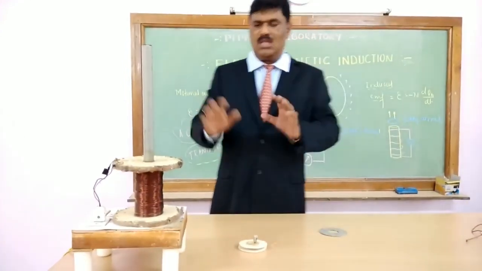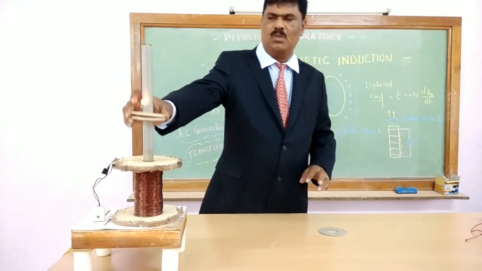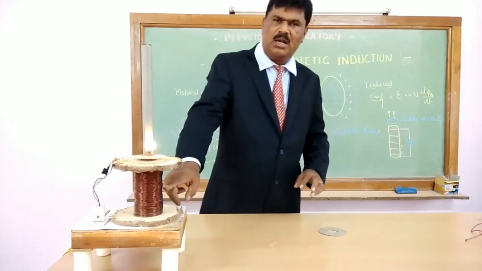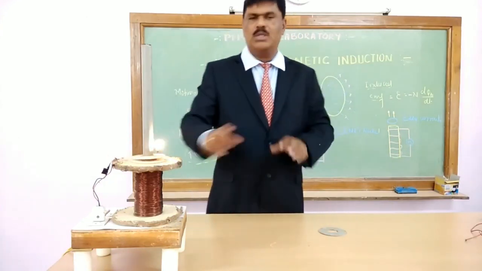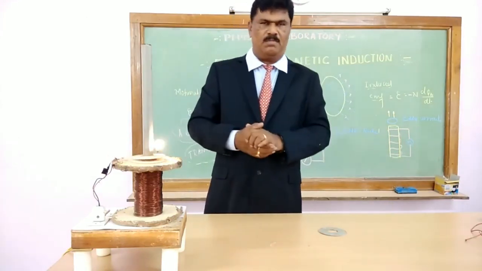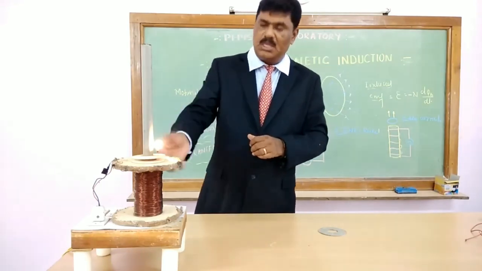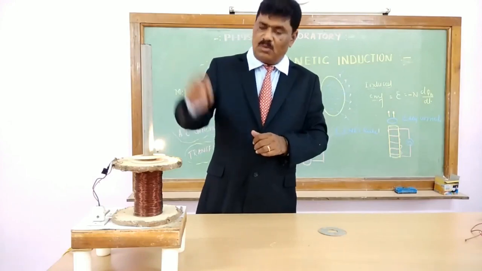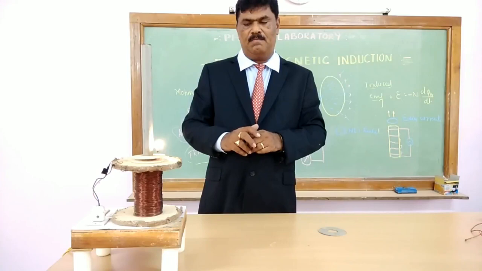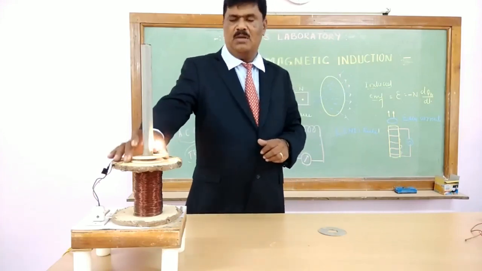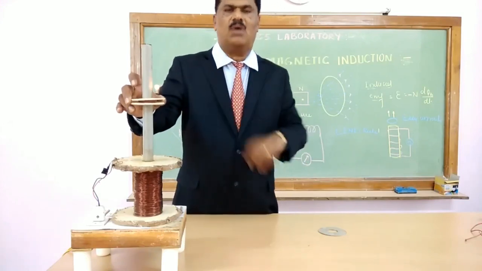You see, right now I have two coils here, and this is what I call the primary coil, through which an alternating current is flowing. That means AC current is flowing there, which continuously changes with time. Because of the flow of changing current, there is a changing magnetic field around it, and that changing magnetic field, through these ferromagnetic materials, gets linked with the secondary coil.